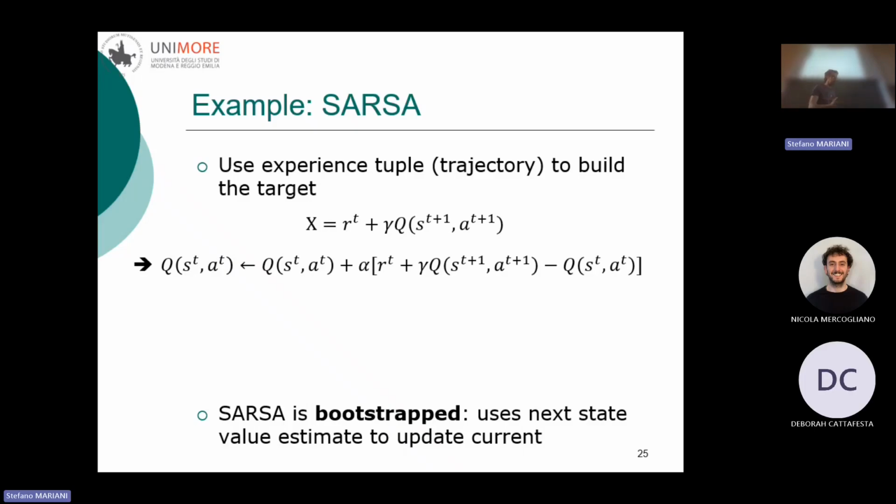Okay? So, the idea in SARSA is actually to use the tuple, the states that you visit, and be mindful of this weird thing. You use the next state to estimate the current one.